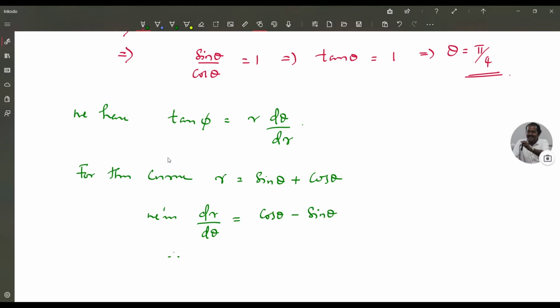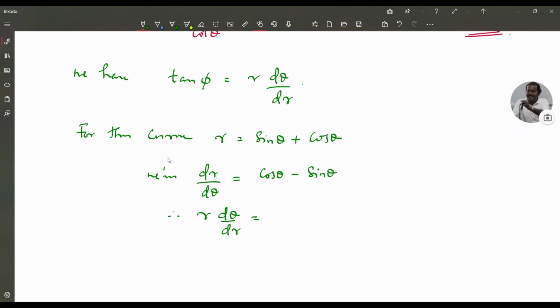Therefore r d theta by dr equals sin theta plus cos theta into 1 by cos theta minus sin theta, which is sin theta plus cos theta divided by cos theta minus sin theta.